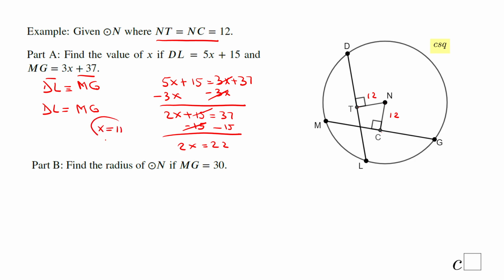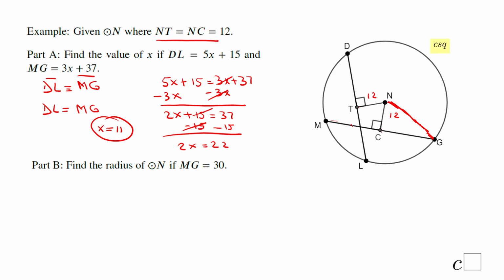So we finish part A. Now we can move to part B, the last part. Find the radius of circle N if MG is 30. So we know now this segment MG is 30, and I'm going to do two things here. First of all, I'm going to draw this radius of circle N, and now one more time we look at this, and NC is perpendicular to MG.